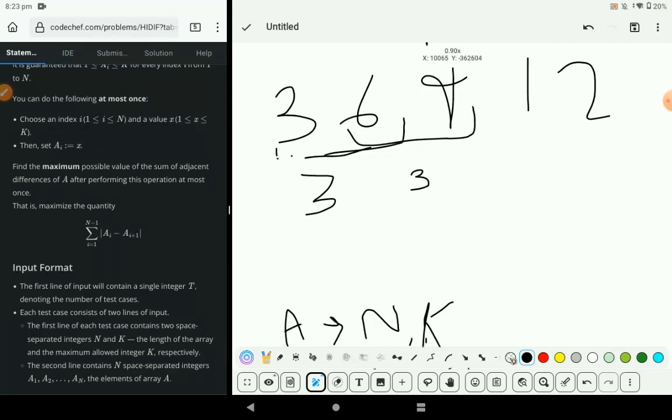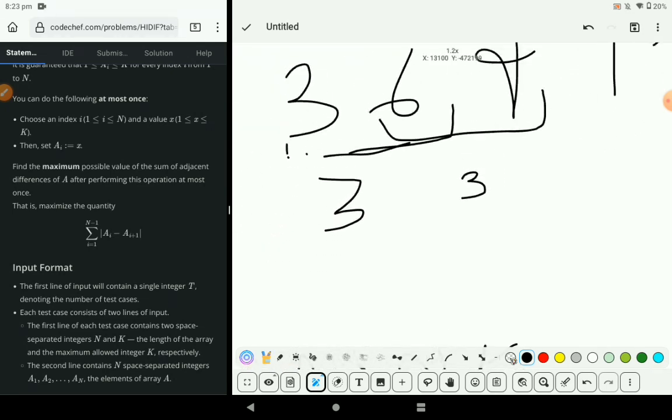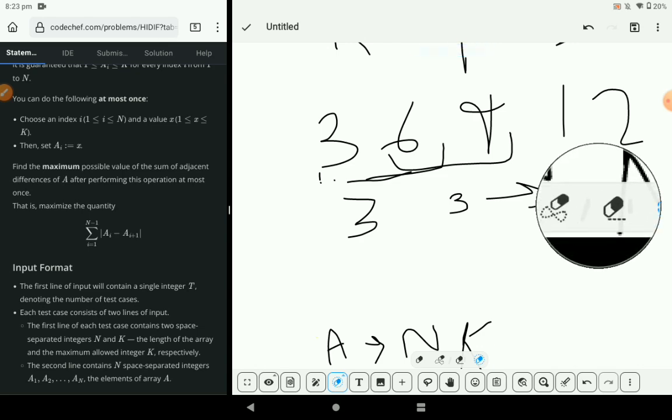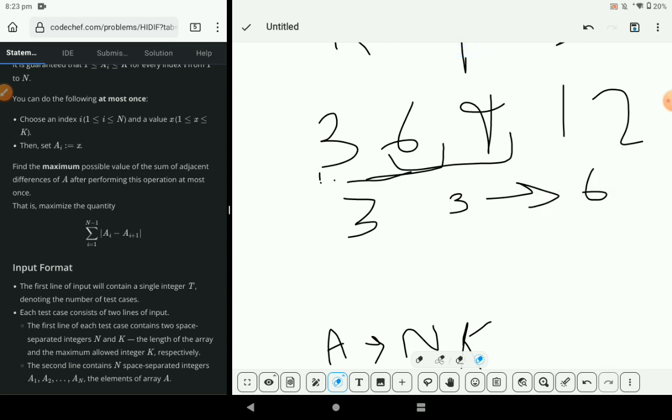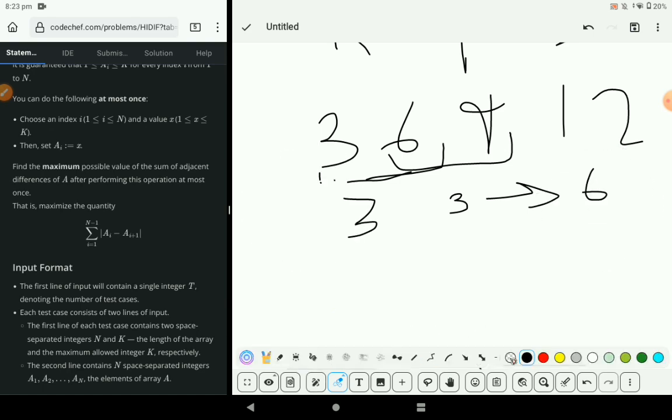Is that clear? So the total sum of differences is 6.